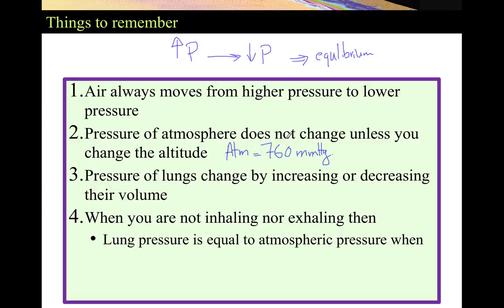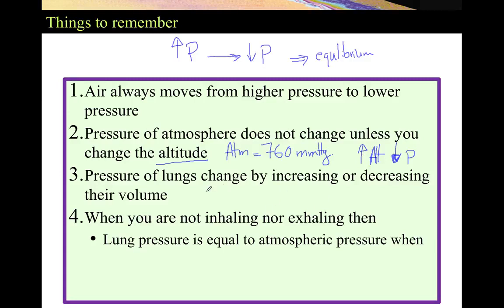So you have absolutely no effect on the pressure of your environment. What affects the pressure of the environment is altitude. If you are gaining altitude, pressure decreases, and vice versa. If you decrease your altitude, the pressure increases. But under normal conditions, we're going to assume that you're at sea level and that pressure is 760 millimeters of mercury.